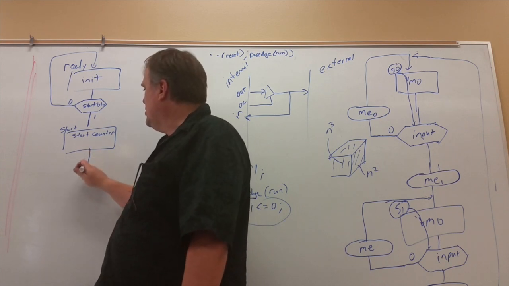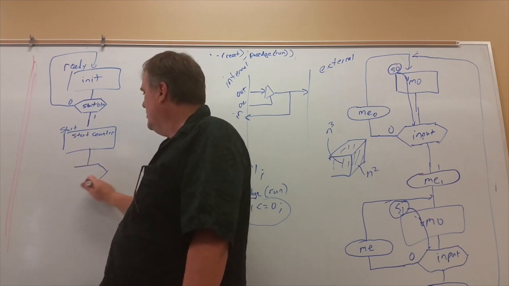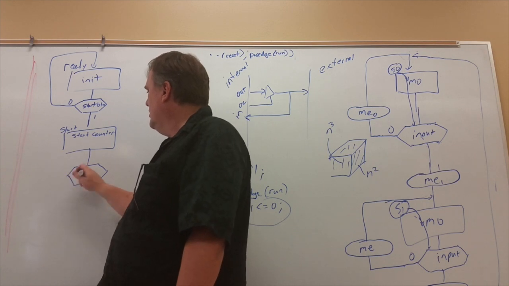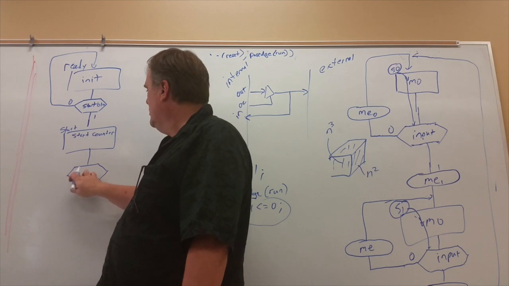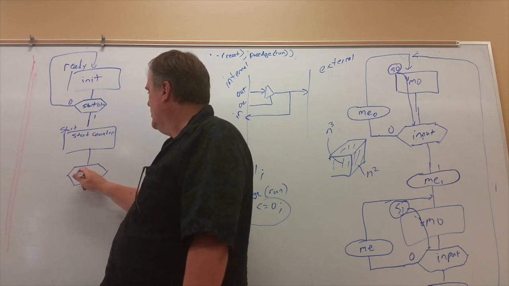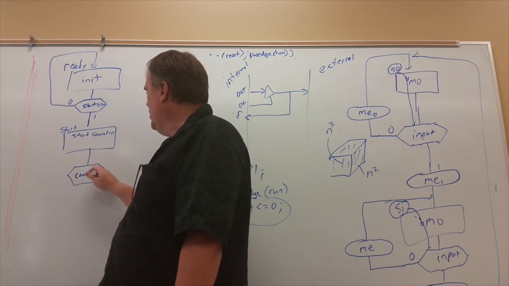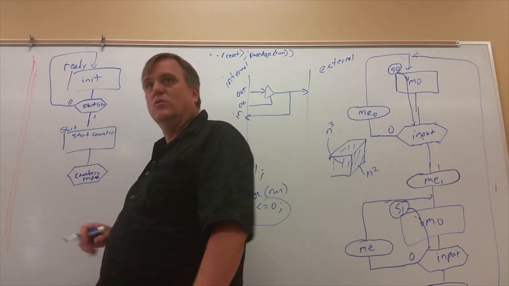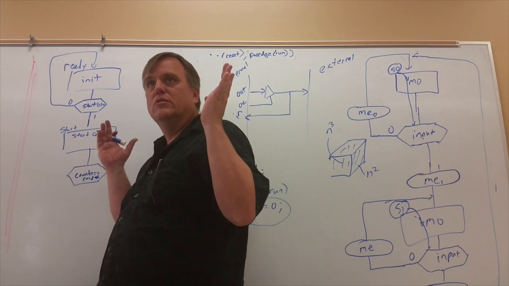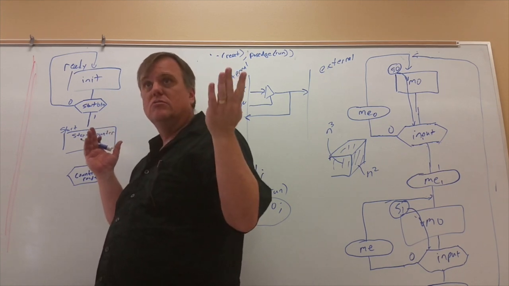And then I'm going to have to check to see whether or not that counter is equal to my random number, whatever that random number was you generated. That make sense?